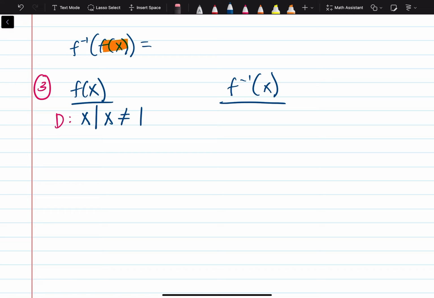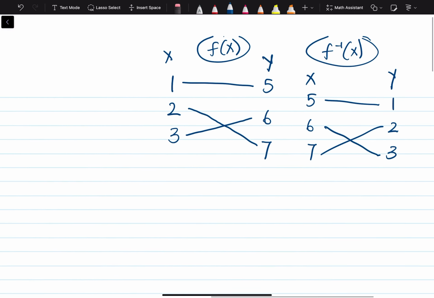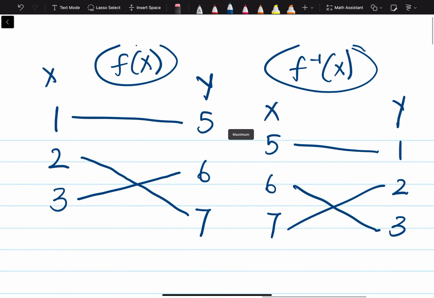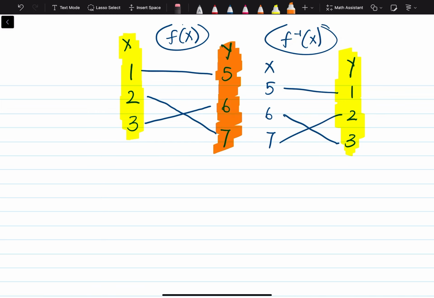Now, remember, what I told you from the start, this was a one-to-one function. If you go back to what I did over here, think about what's happening here. What's the relationship between a function and its inverse? Well, all of the x's interchange to become y's, and all of the y's swap and become x's in the inverse.